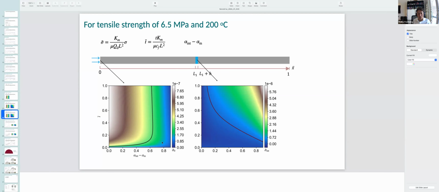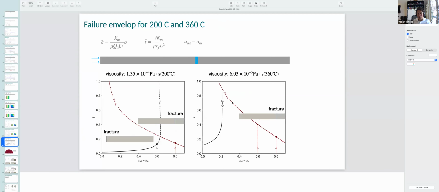In this region, for example, we never hit the failure criteria, or in this high temperature case. If our conditions start here, even if we wait a long time or until the steady state, we do not see any failure at the injection point, right?